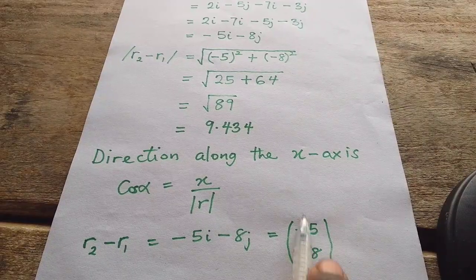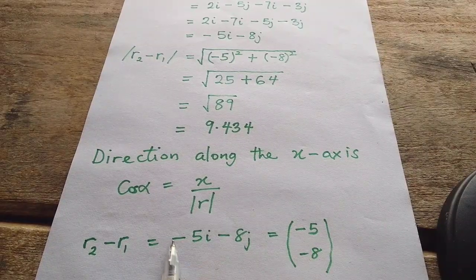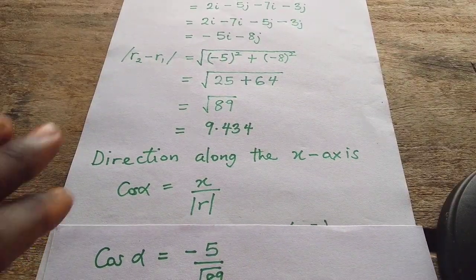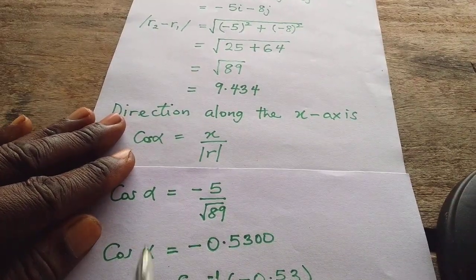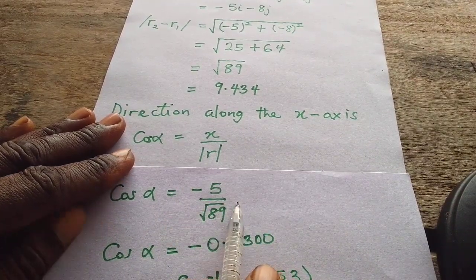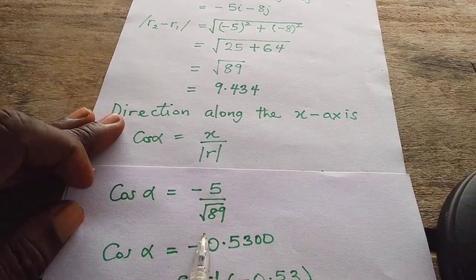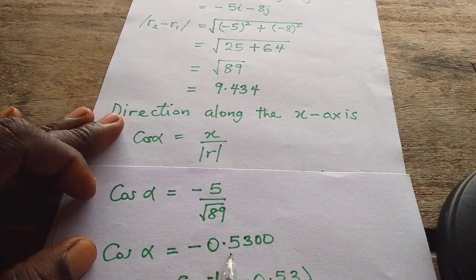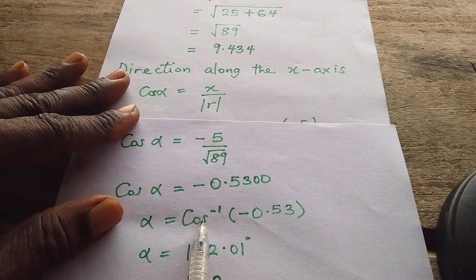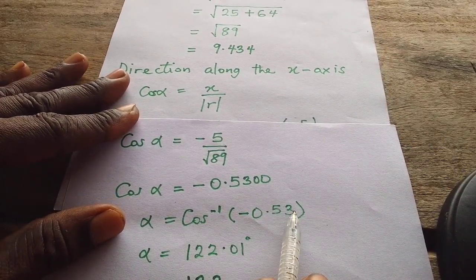You can write it as the column vector: minus 5 is the x component, minus 8 is the y component. So we need the x component, minus 5, over the modulus of the vector, root 89. Minus 5 divided by root 89 gives me minus 0.5300. Now to look for alpha, I look for the arc cos of minus 0.53.